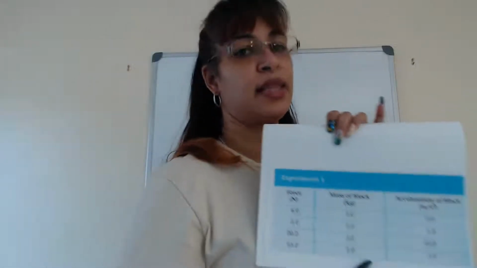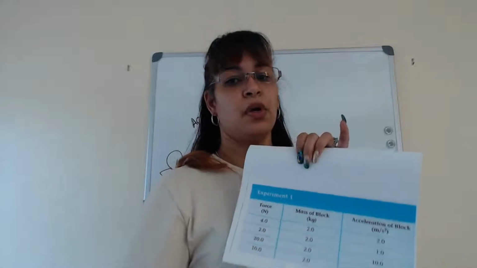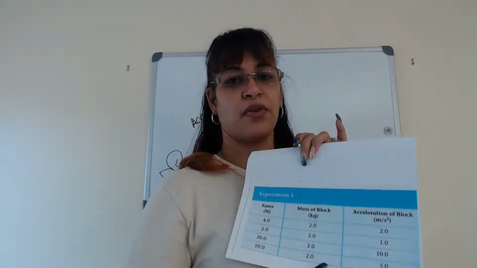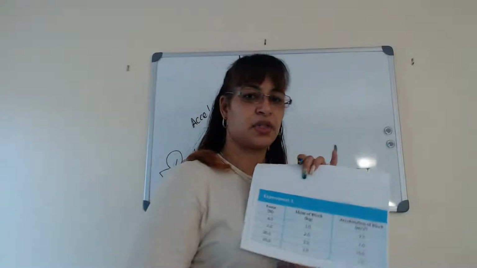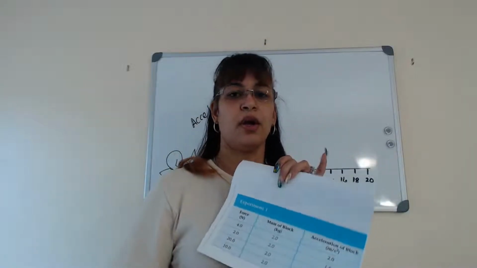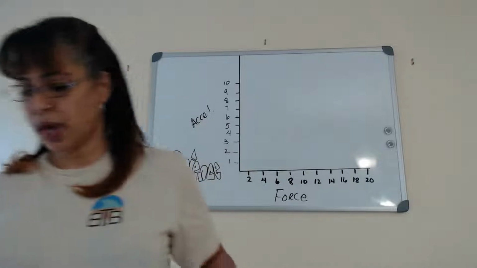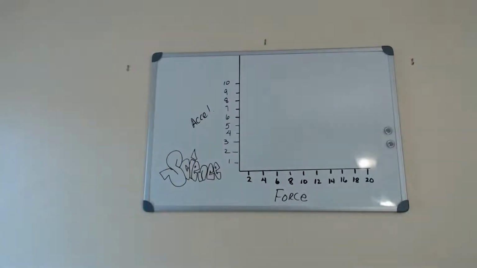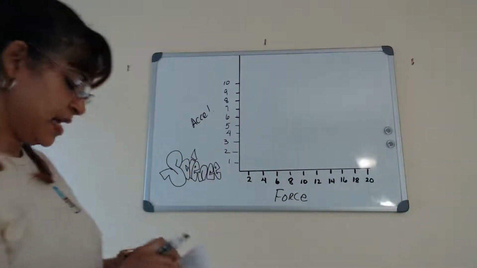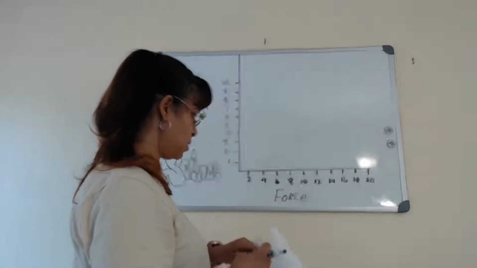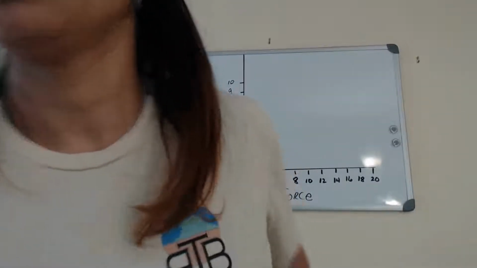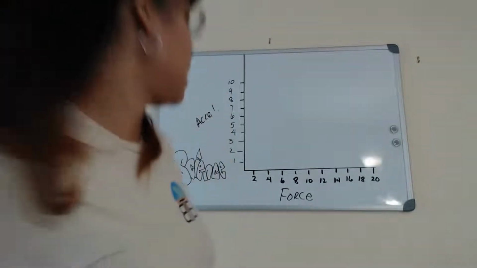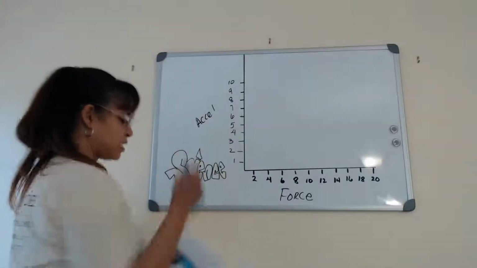If you look at the activity that I gave you, the paperwork for the assessment assignment, you'll find these graphs, these data tables there. So I'm going to go over how to graph it. This data table is force here and acceleration here.